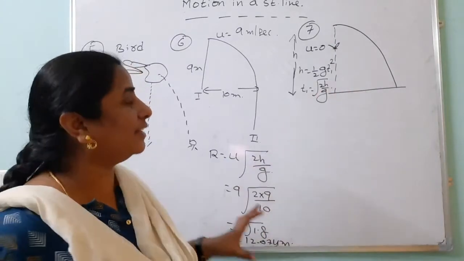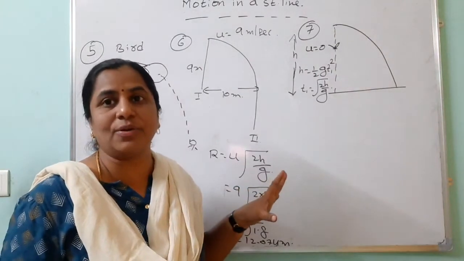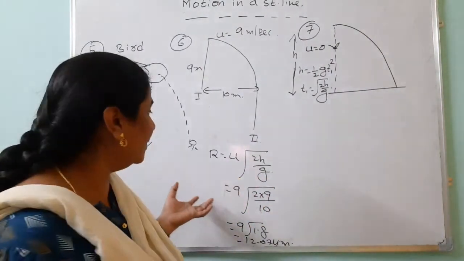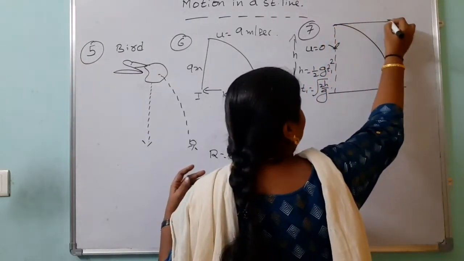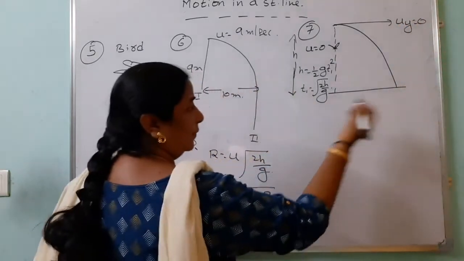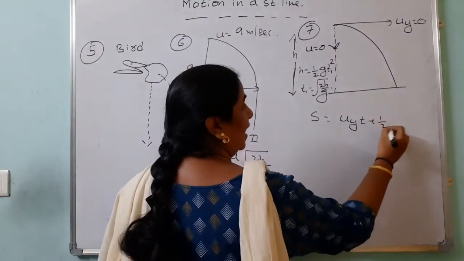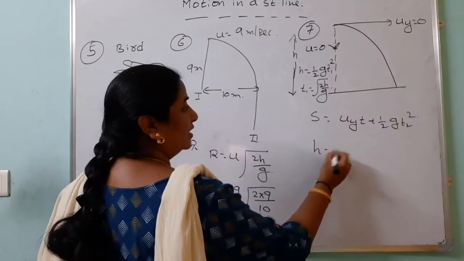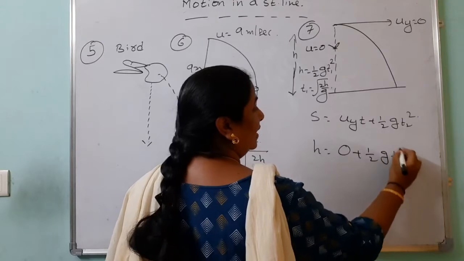Then the second case is, at the same time, with no time gap, we are throwing one body. In that case, how to find the time? Look, the same formula we are using. Whenever it is thrown horizontally, the initial vertical velocity is 0. We use s equals u t plus half g t square. Displacement is nothing but the height. Vertical velocity is 0, so half into g into t2 square.